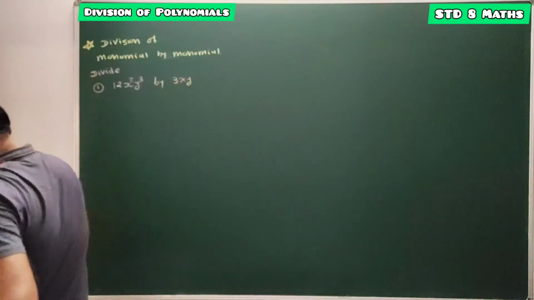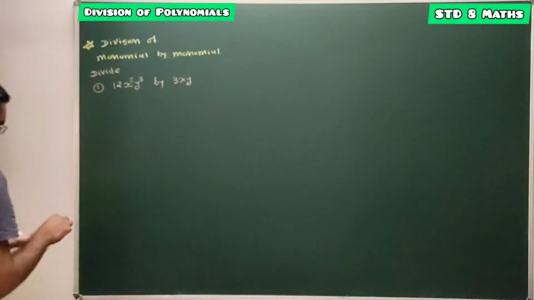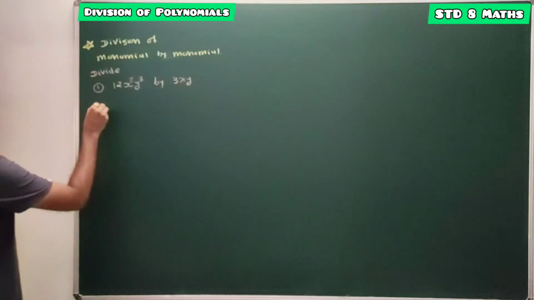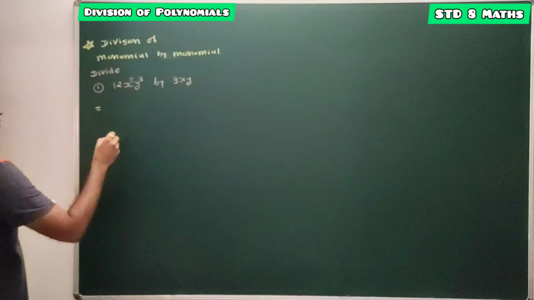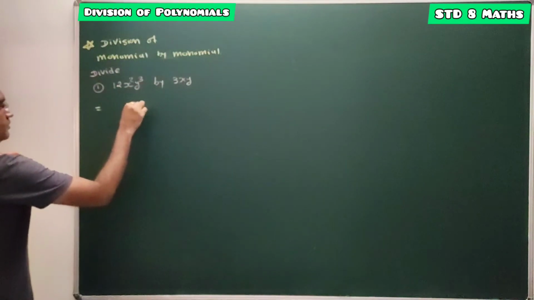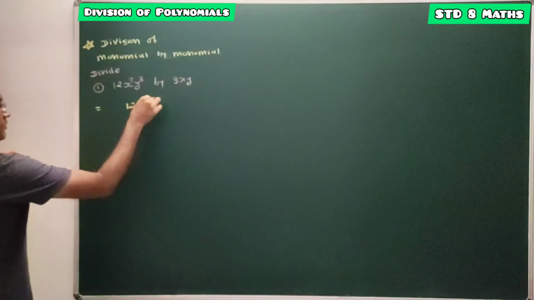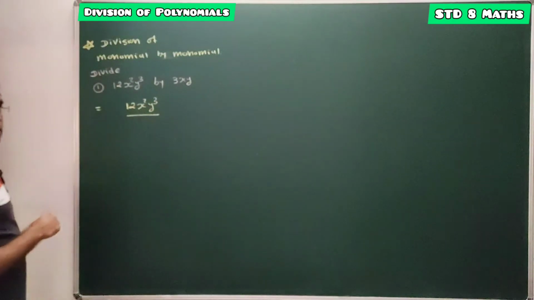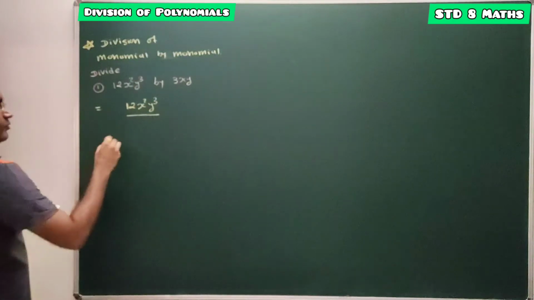So how to perform this division? For the division of this polynomial, it's a monomial by monomial. You have to write the monomials in numerator by denominator form.